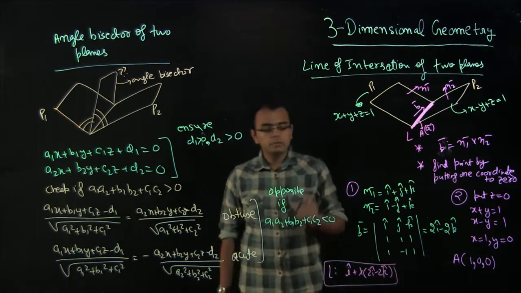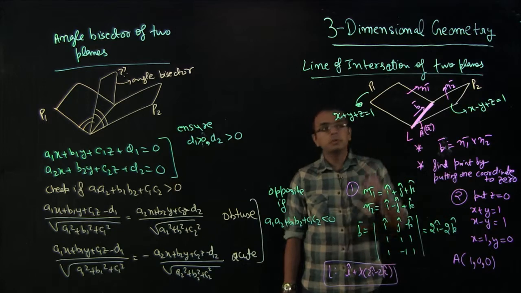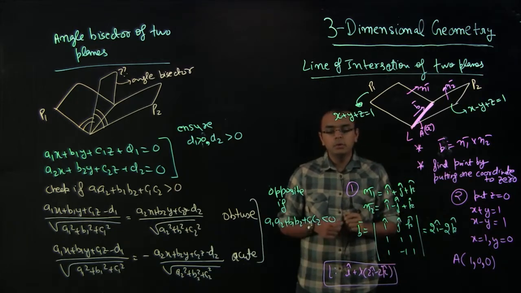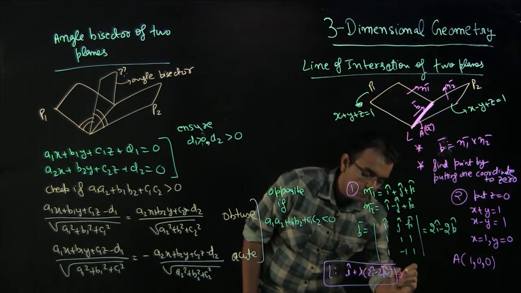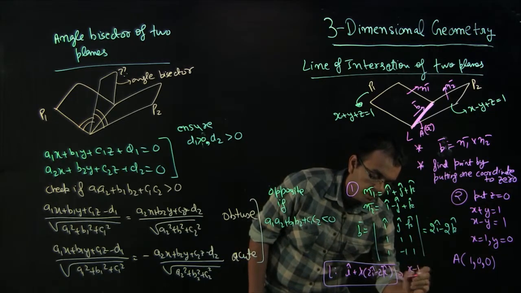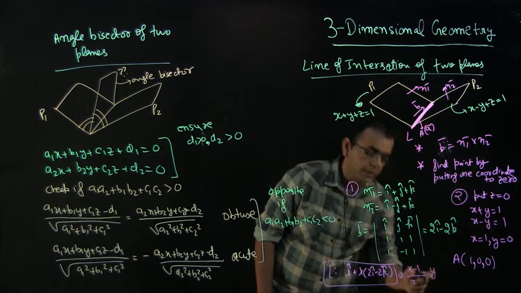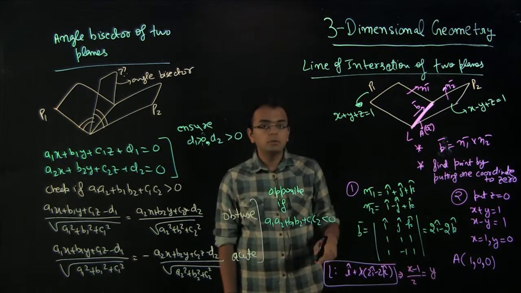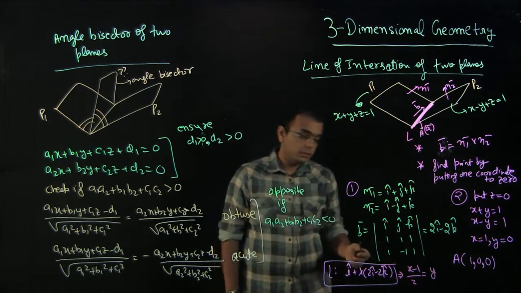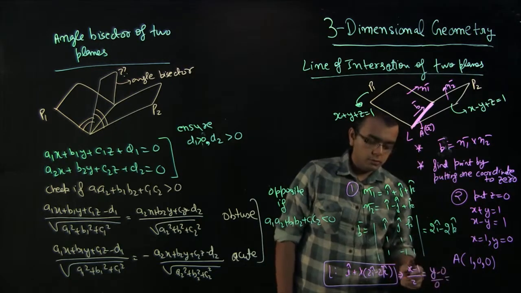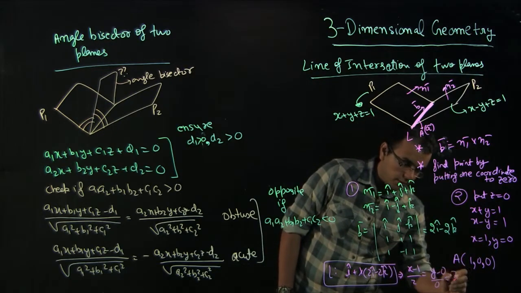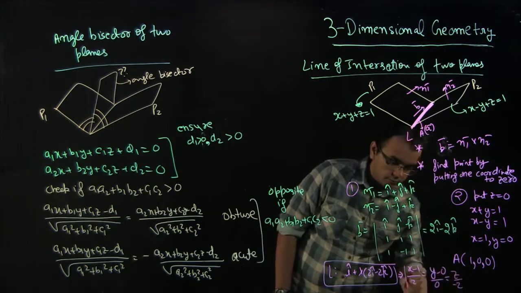Okay. So this line would lie in both plane 1 and plane 2, and you can also write it in the coordinate form. Let us write it in the coordinate form also. So (x minus 1) by 2 is equal to (y minus 0) by 0, so that means y is equal to 0. So (y minus 0) by 0 is equal to z by minus 2.